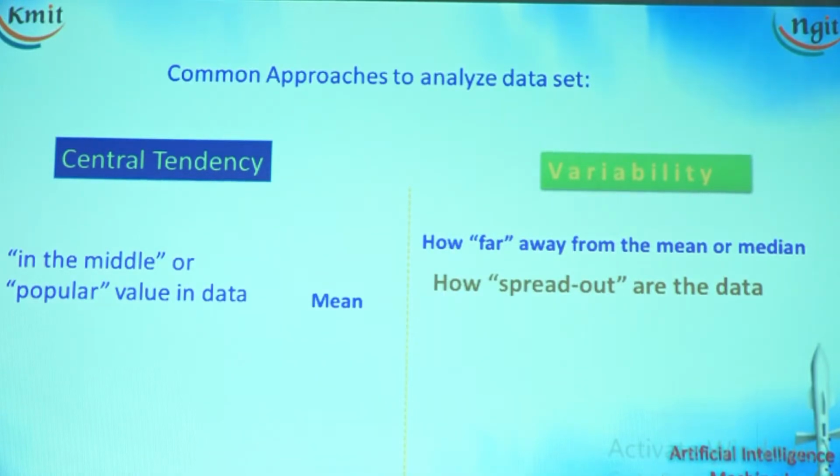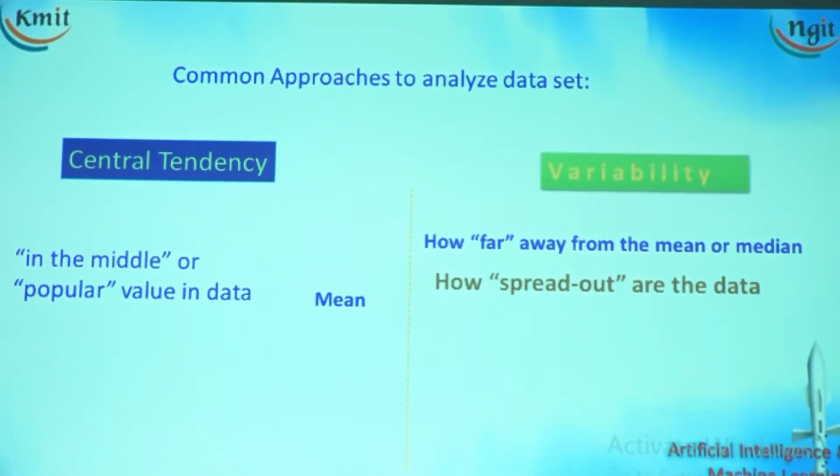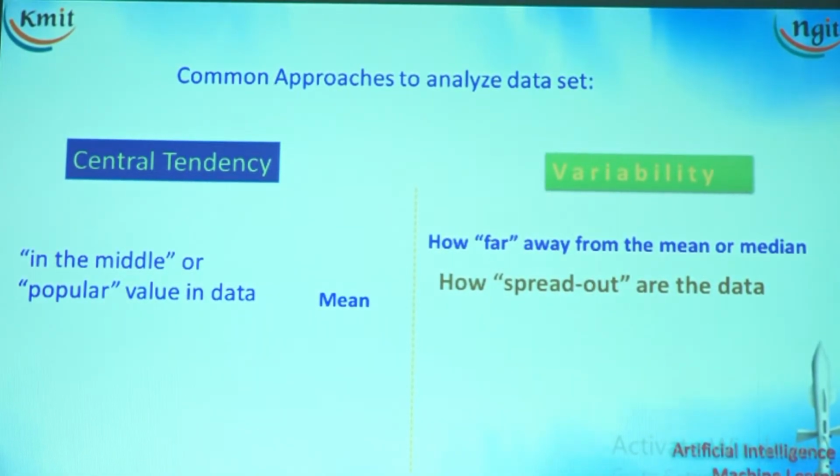Okay, so anyways, why are we studying mean, median, standard deviation, variance? All these statistical terms. Why? That one question you must know. So when you analyze a data set, there are basically two common approaches.